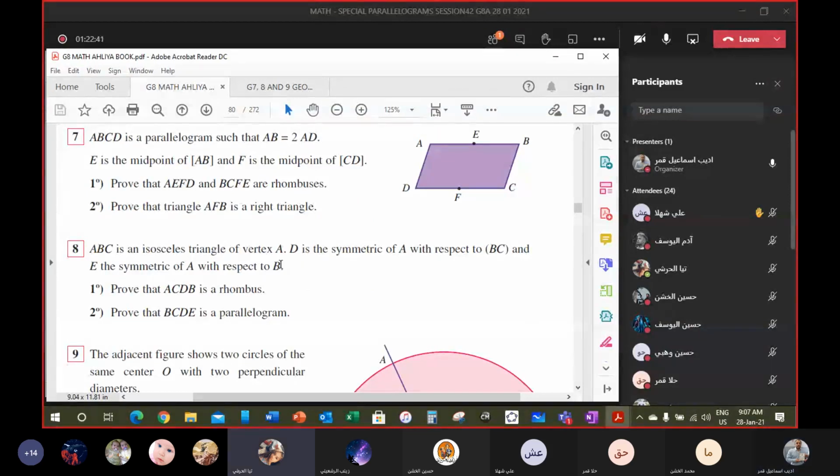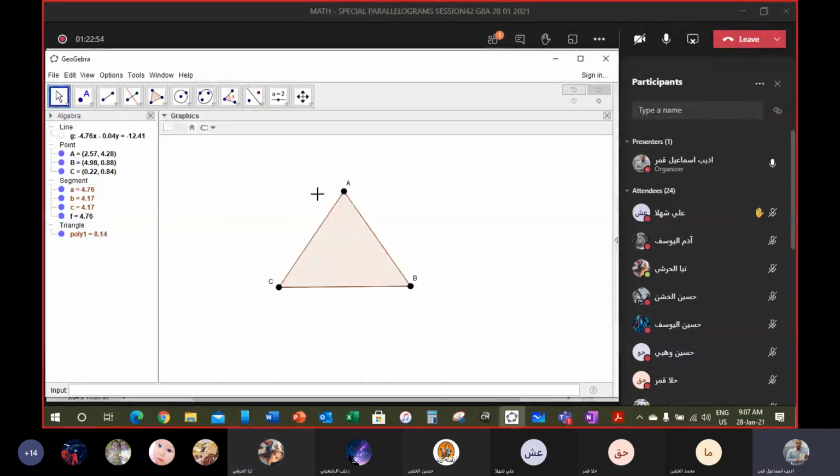D is the symmetric of A with respect to BC. That means symmetry with respect to a line BC. So I want the symmetric of A with respect to line BC. I use reflect about a line.